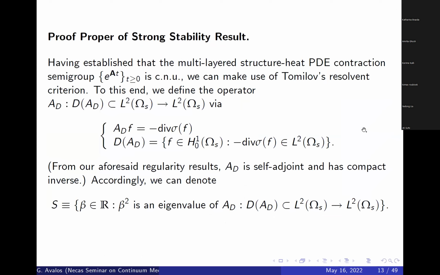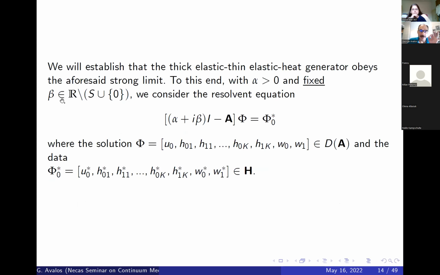In particular, if we define this A_D for Dirichlet, divergence of the stress tensor with the homogeneous boundary conditions, then we specify this set S to be all beta real such that beta squared is an eigenvalue. And so we'll establish this strong limit essentially on this complement, for all beta out of this set.